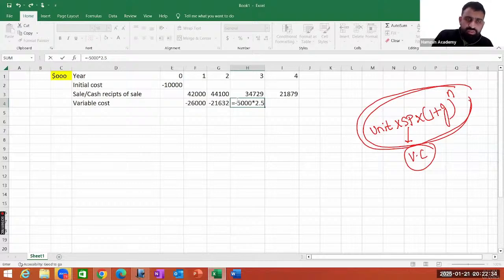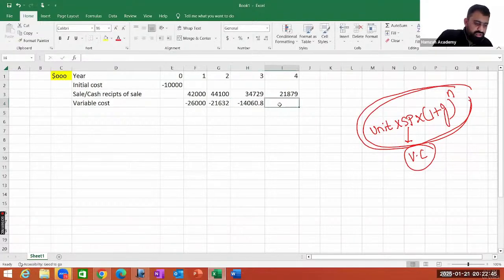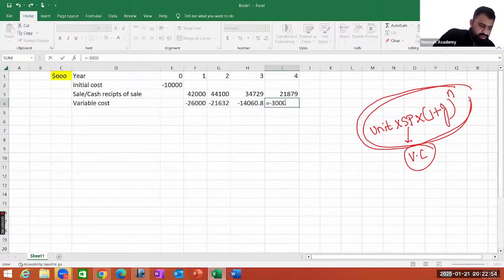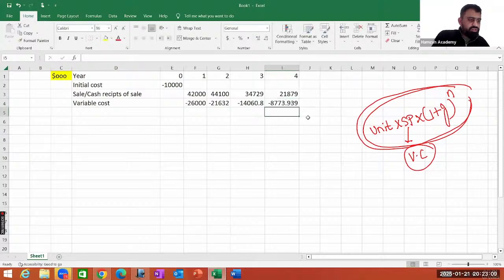Again, I'm assuming the variable cost will remain the same. The inflation rate is 4%, so 1.04, and this time raised to power 3. And in year 4, we have produced 3,000 units, so 3,000 into 2.5. Because it is a cost, I am putting the negative sign, into 1.04, and this time raised to power 4. So that is how we will calculate the variable cost.